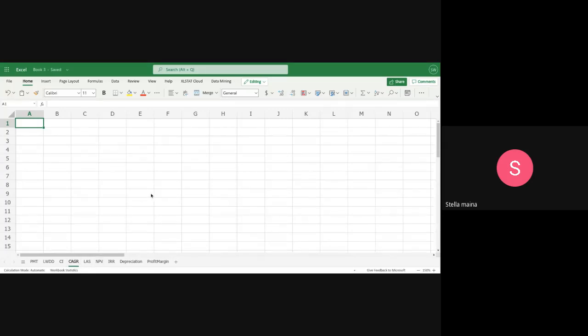So this is calculating the compound annual growth rate of an investment over a period of years. We're going to use a function, the RRI function.